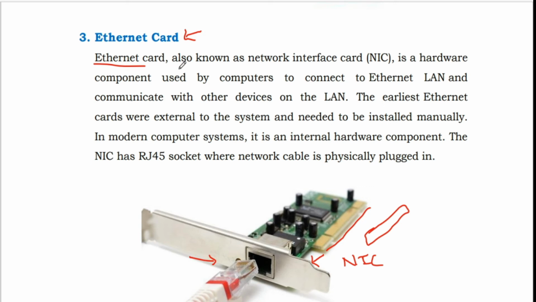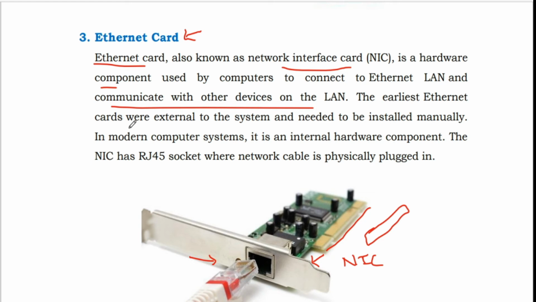So the Ethernet card, also known as your network interface card, is a hardware component used by computers to connect to an Ethernet LAN and communicate with other devices on the LAN. This device you can use to communicate with the other devices which are connected over the LAN.